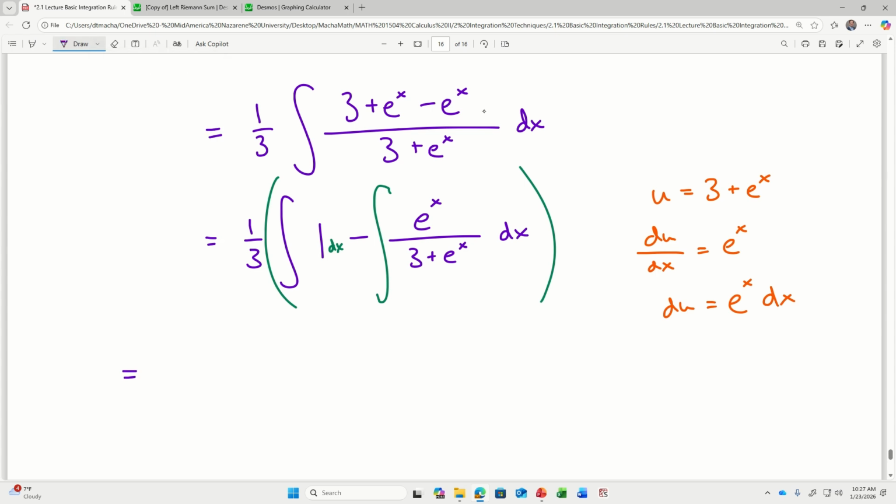So in the first place, I've got antiderivative of 1, which is x, and so I'll have 1/3 x. In the second place, I've got, again, the 1/3 that distributes. Antiderivative of 1 over u du.